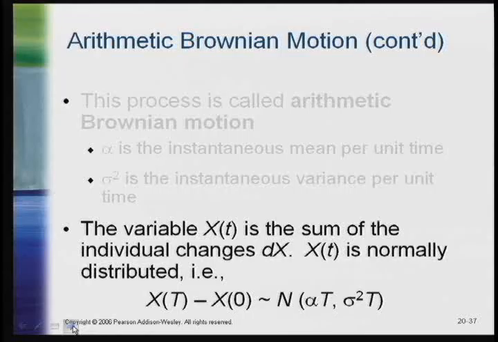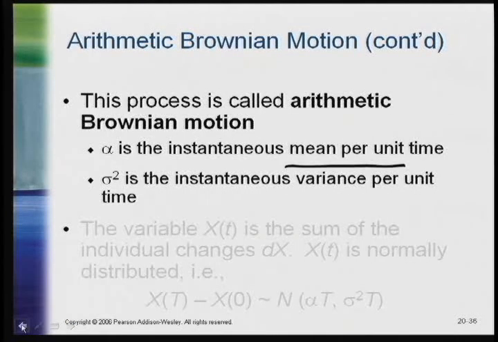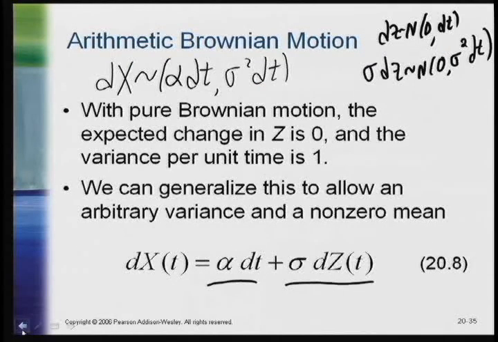So we have, by virtue of the formula we saw a moment ago, which is to say, if every change in x is normally distributed, then apparently if I add up a number of these changes, they're also normally distributed.